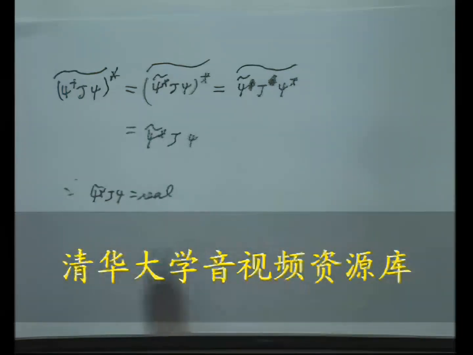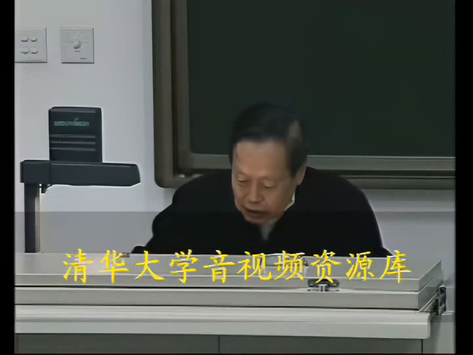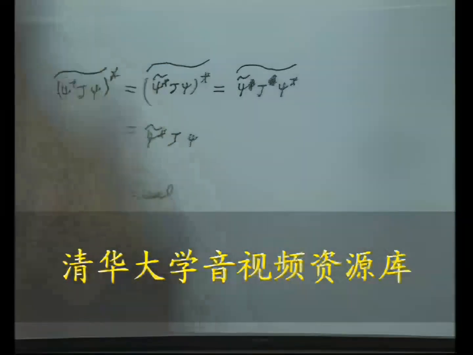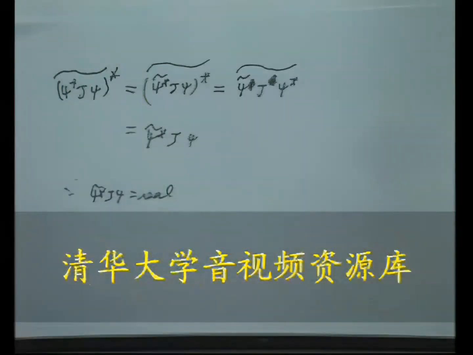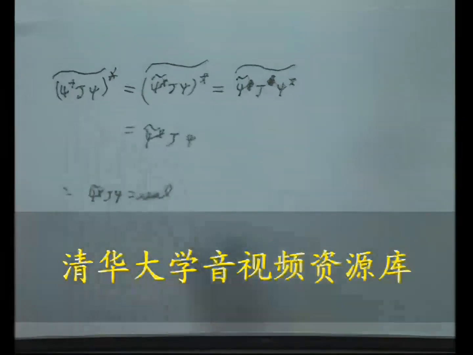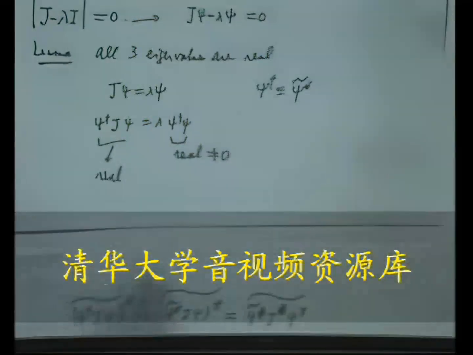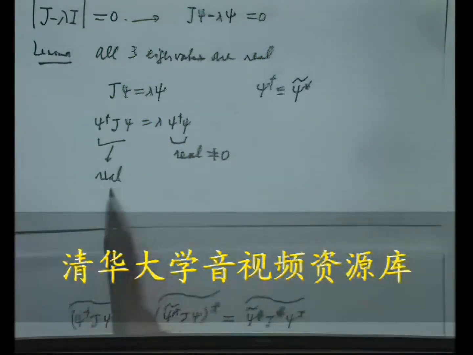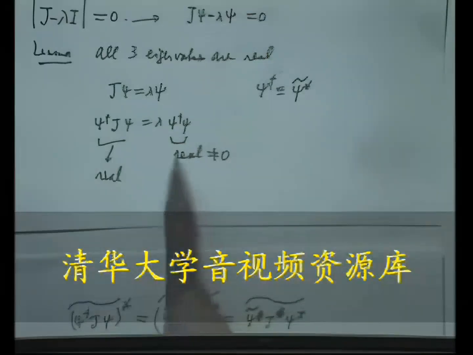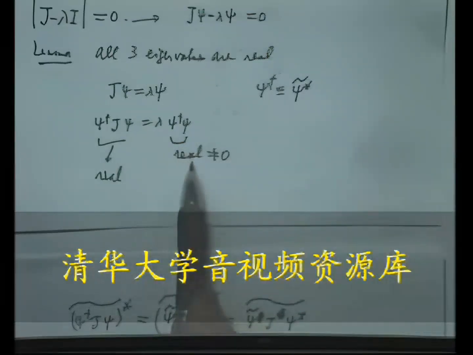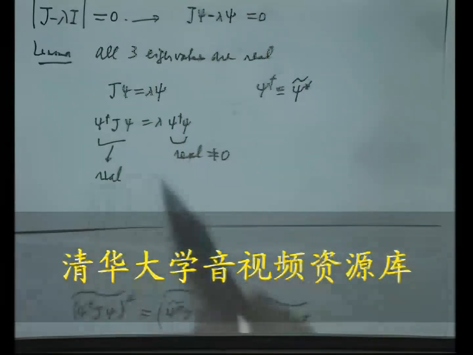So this is a formal proof, but it's better what I explained earlier. You just write this out. If you write this expression out, you would easily see that the symmetry of J guarantees that it is real. Okay. Now the left side is real. Psi dagger psi is real and not zero, so I can divide. So that proves lambda is real.